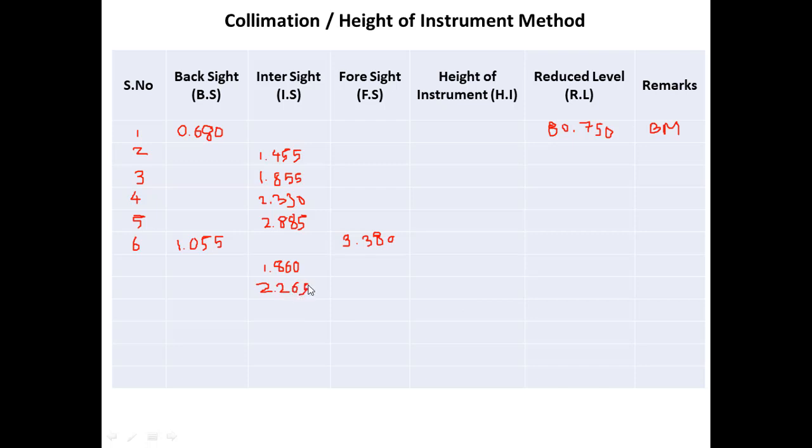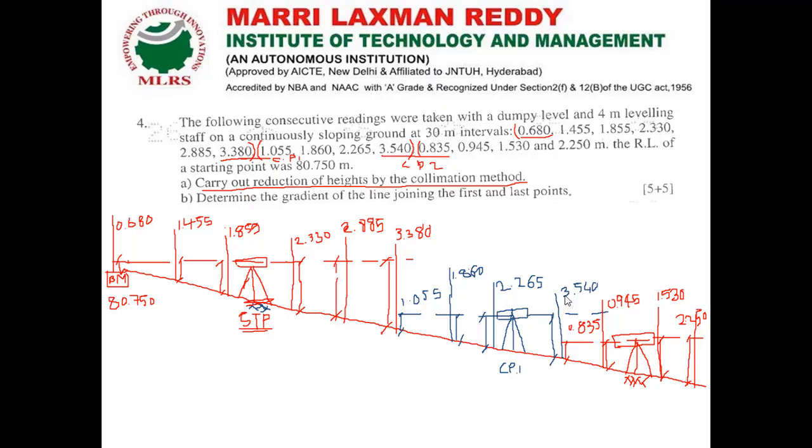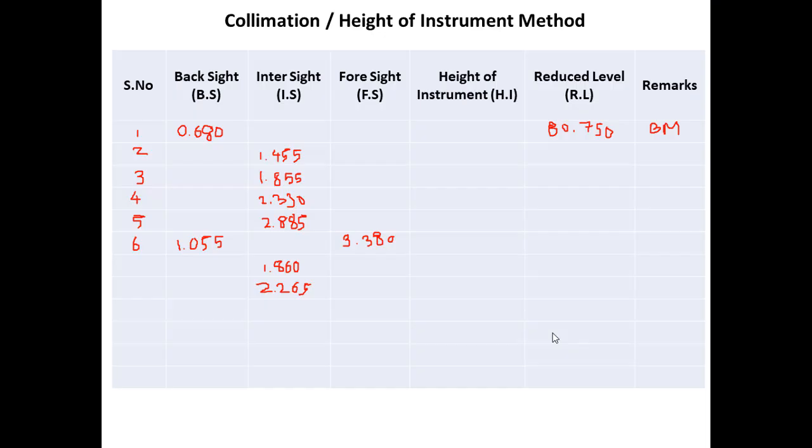Next to that 3.540. With respect to this CP1, this is the last reading, which can be written in foresight, 3.540. So this is the 7th reading, this is the 8th reading, and this is the 9th reading. So in the remark, this is CP1, change point 1.